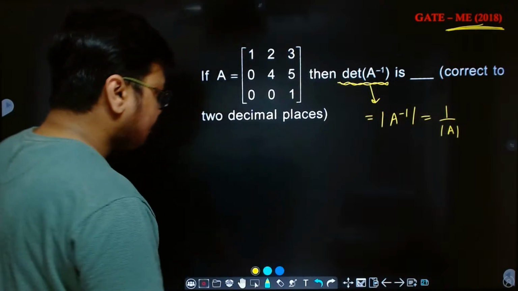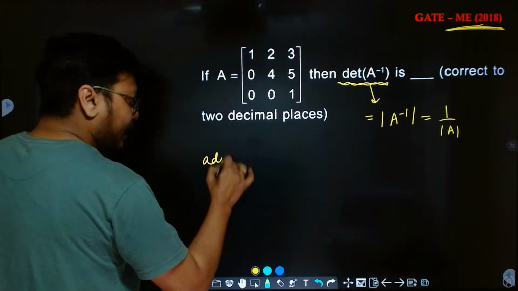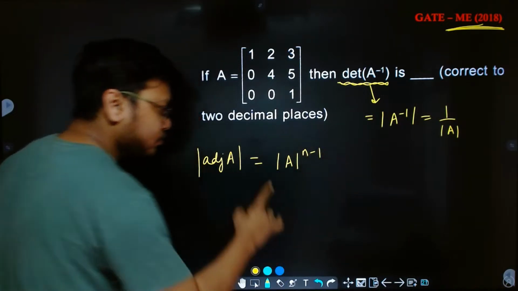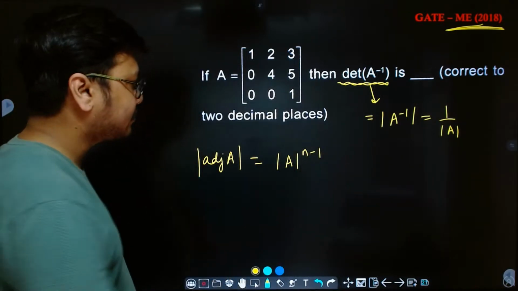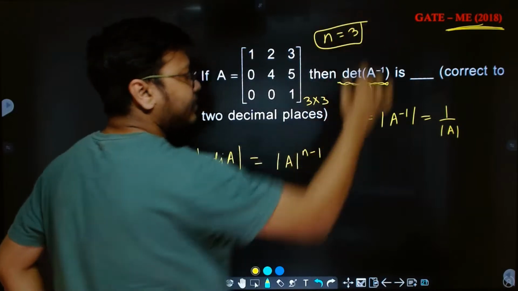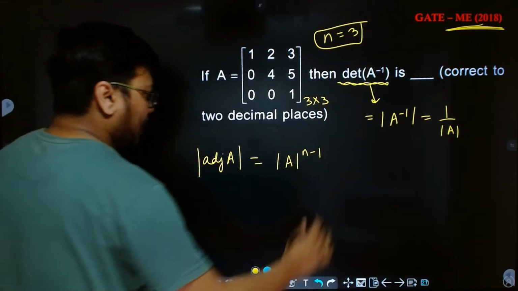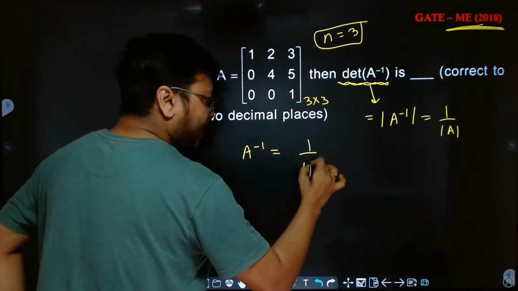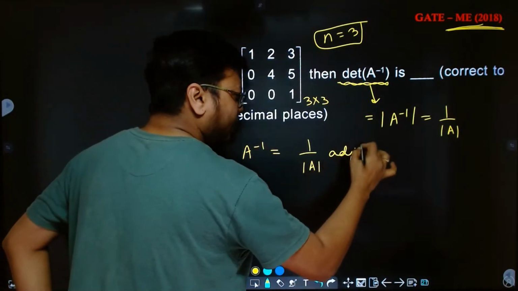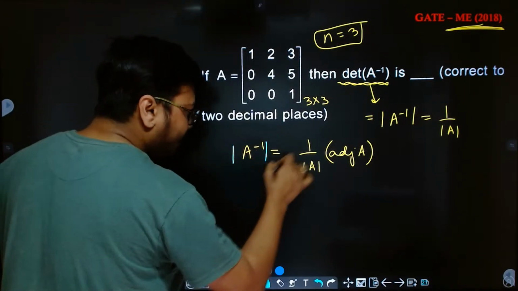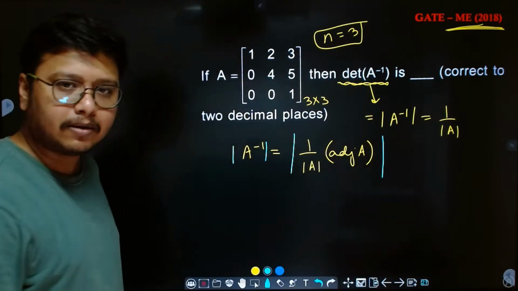This actually comes from this property. If you remember, the determinant of adjoint of A is determinant A to the power n minus 1. I hope you remember this. This is a 3 cross 3 matrix over here, so n is 3. Now, A inverse, I know, is 1 by determinant A into adjoint of A. This is the basic formula. I am taking the determinant on both sides.